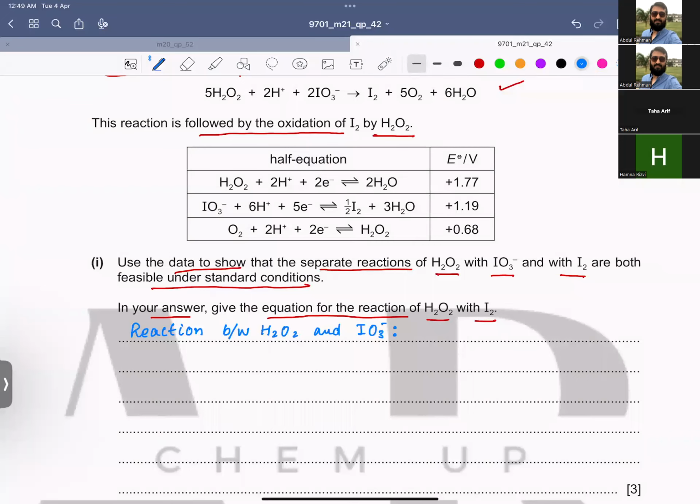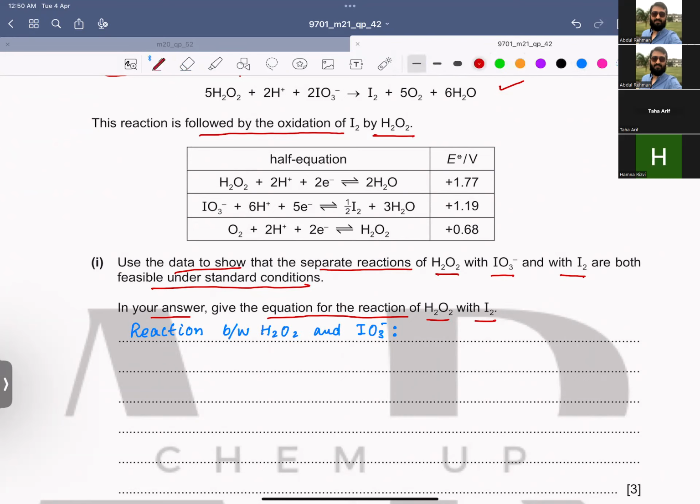Because I think in one of the previous sessions, we had a very detailed discussion about choosing the E naught values and the half equations. So which two half equations can be used for this reaction? Yes, Taha, repeat. 2 and 3. Okay.